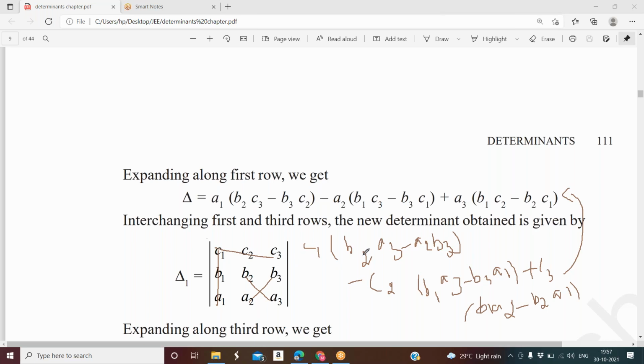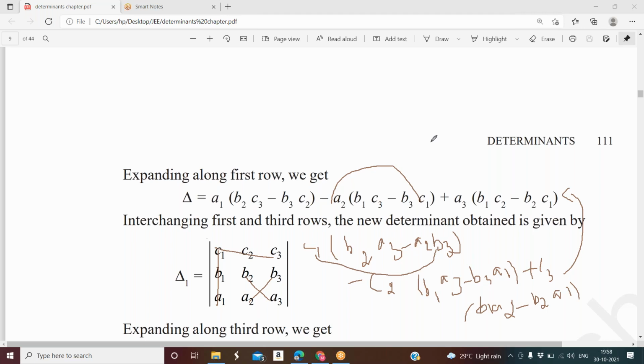Here I am getting C1 B2 A3 minus A2 B3 C1. Where is A2 B3 C1? See, here I am getting plus A2 B3 C1, whereas in delta 1, when I am expanding, I am getting minus A2 B3 C1.